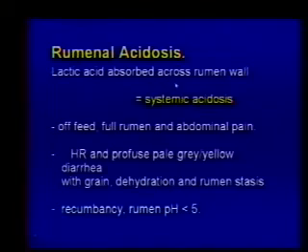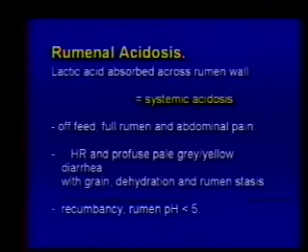The lactic acid is absorbed across the rumen wall, and this leads to a systemic acidosis. The animal may be off feed with a full rumen and abdominal pain, heart rate is increased, and there is a profuse pale gray-yellow diarrhea, and dehydration, recumbency, and death.